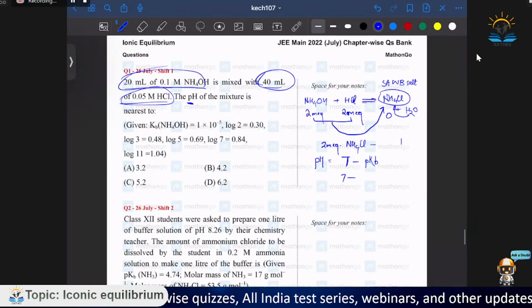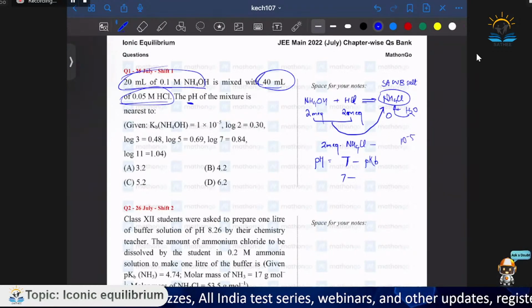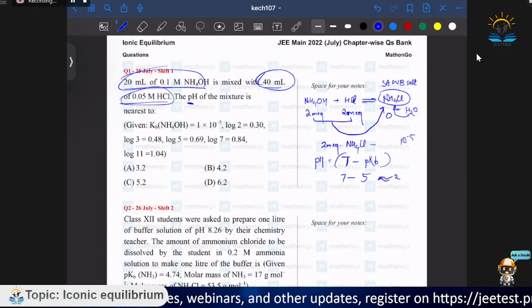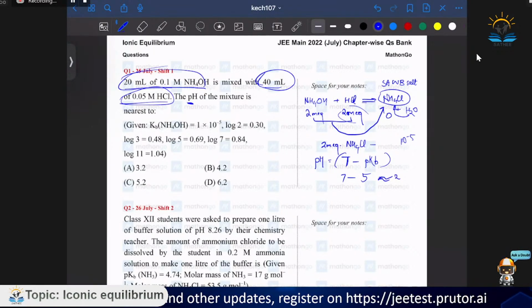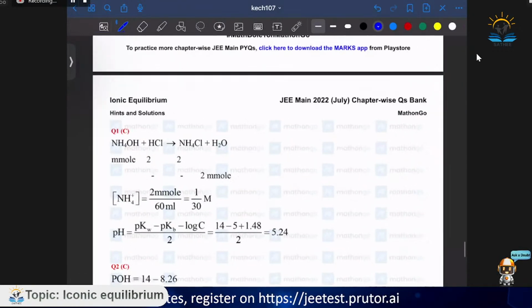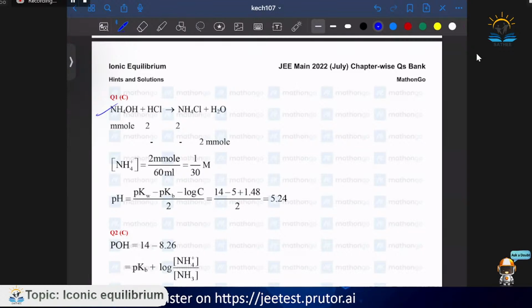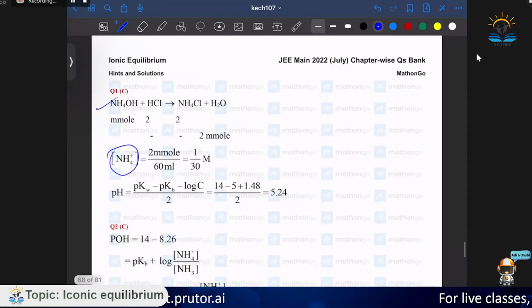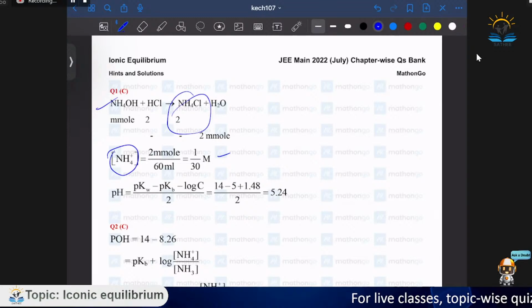Kb is 10 to the power minus 5, so pKb is 5, and half of it is 2.5, but you have to add the contribution of your concentration. Let's see the solution once. This is the reaction, and from here they are trying to find out the concentration of ammonium ion in the salt.